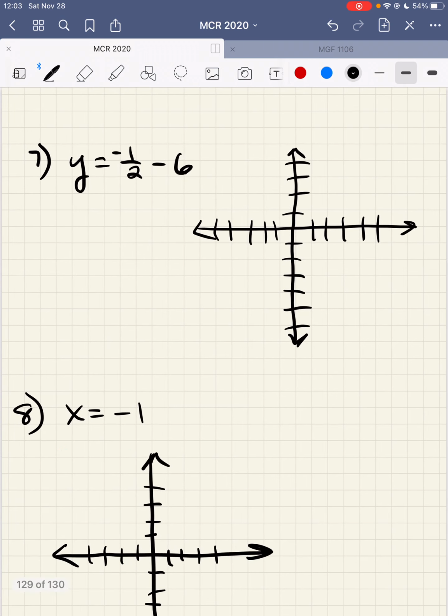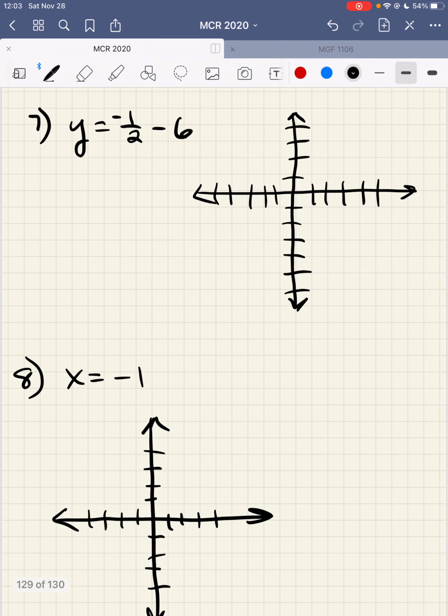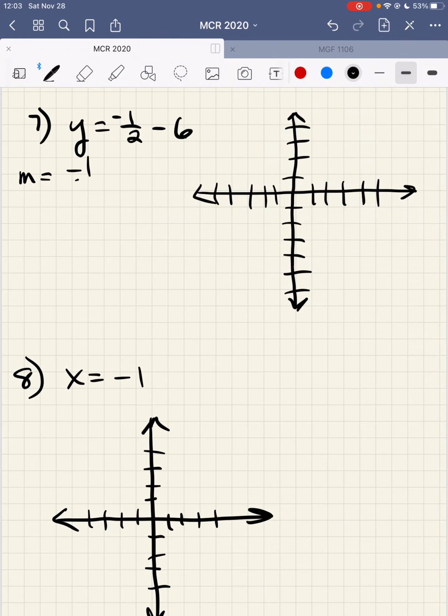Looking at this one here, we are using the slope and the y-intercept again. Here my slope is negative 1/2, and my y-intercept is 0, negative 6. I'm going to plot my y-intercept first, 0, negative 6. This time for my slope, I'm going to rise up 1, and I'm going to assign my negative to the 2.